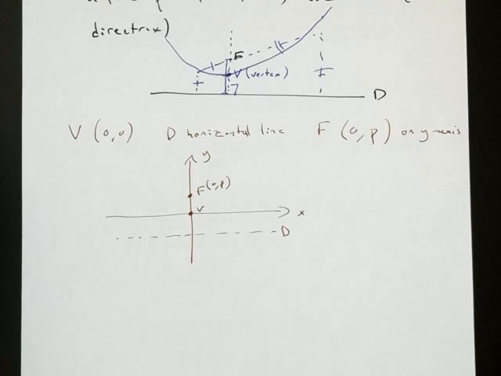I've added a piece of information. I've given you a distance. From this, you should be able to give me the equation of the line D.